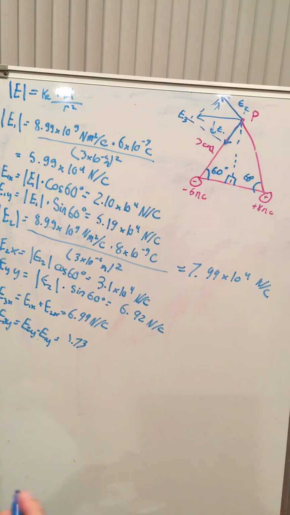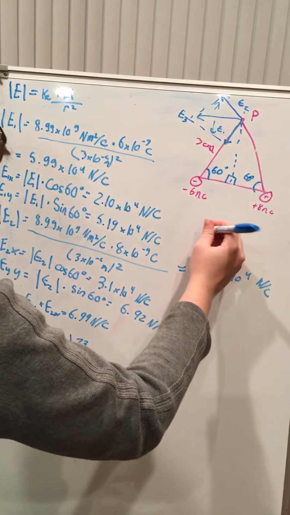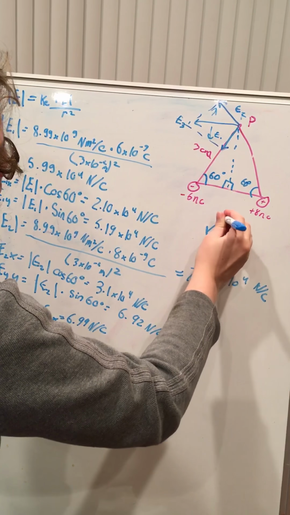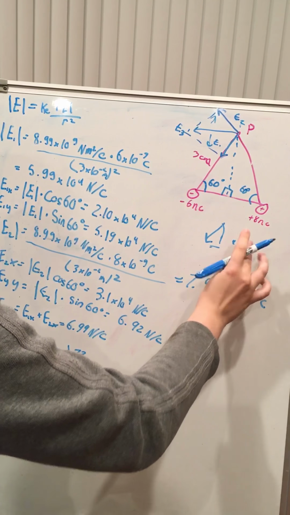Because we've got the x and y components of this vector here, we can use the Pythagorean identity of a squared plus b squared equals c squared.